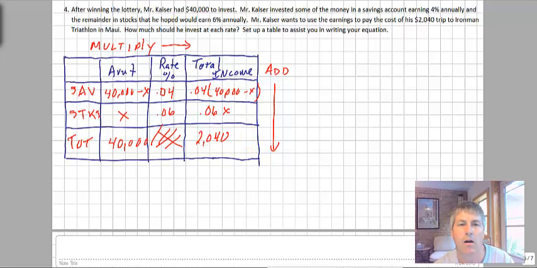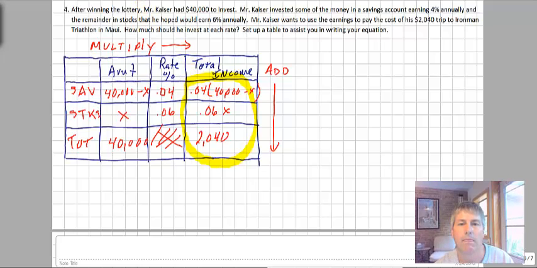And as it turns out, here is our equation. All we have to do is add this column. Okay?